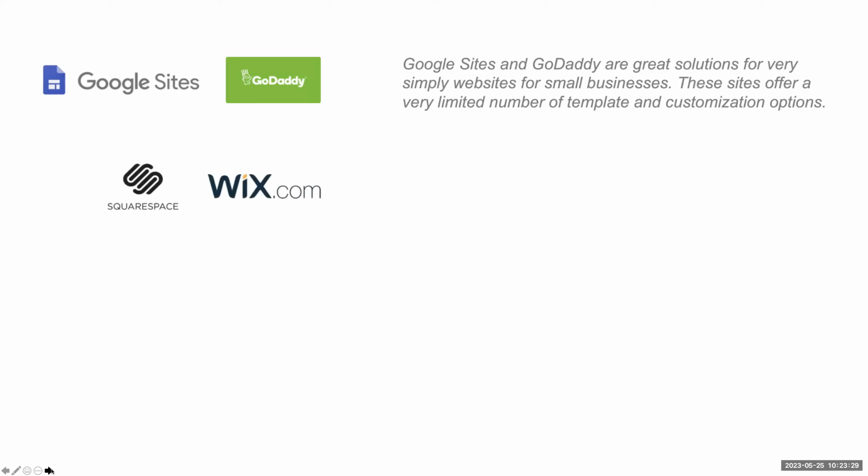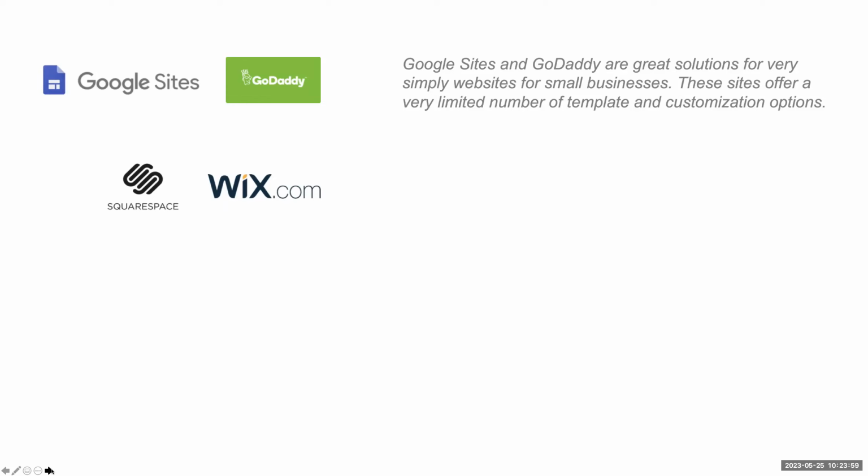The next two I grouped together are somewhat similar. These are, again, those out-of-the-box template-based solutions, Squarespace and Wix. I'm very knowledgeable in both these platforms. They both have pros and they both have cons. Squarespace is great for more of a modern, contemporary, extremely clean look, where if you set a font for maybe your title section across your website, it will use that same font across everything for a nice consistent look.